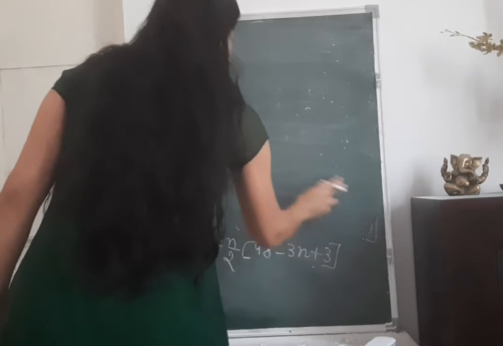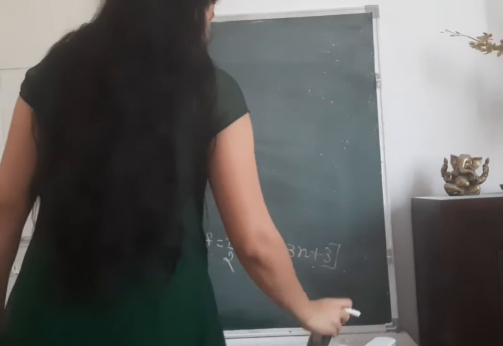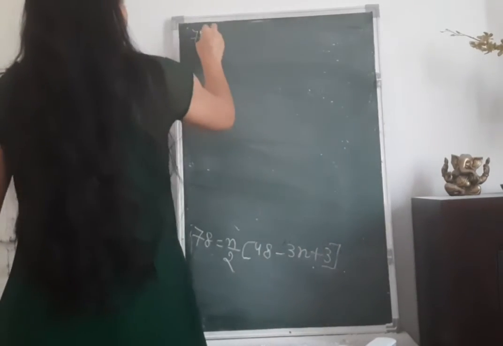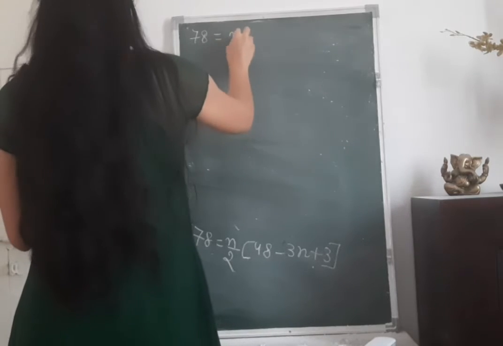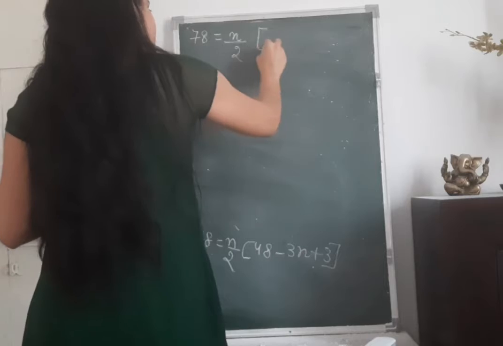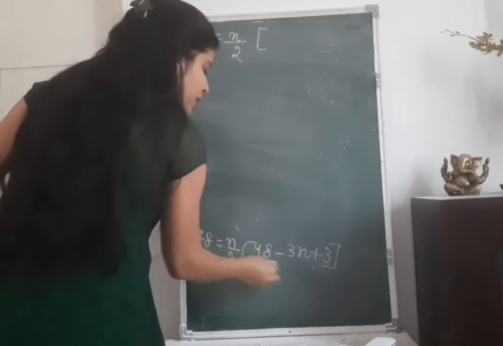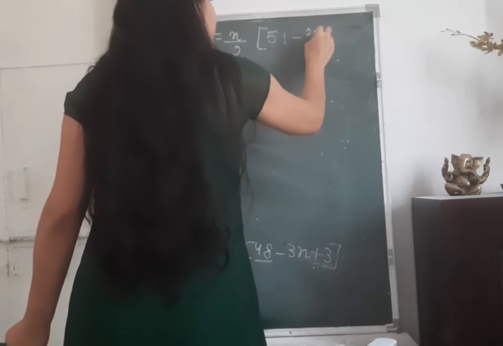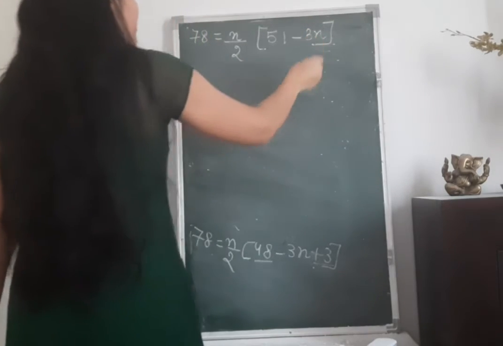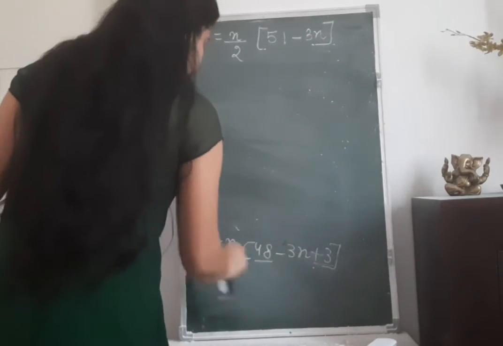Let's solve this equation. 48 plus 3 is what? 51. So this becomes 51 minus 3n. Okay?